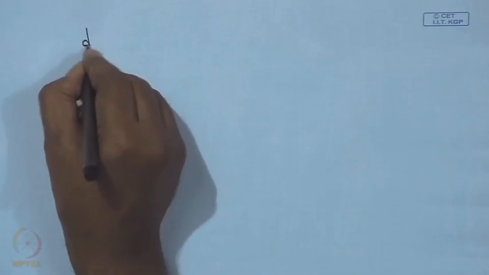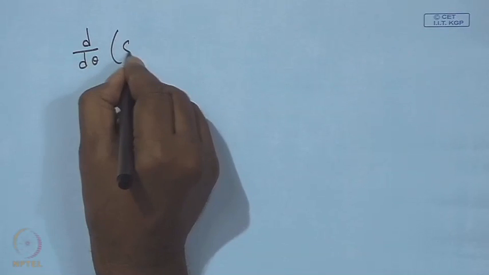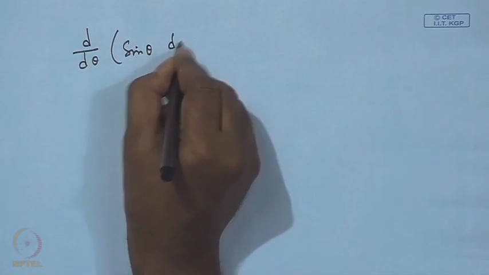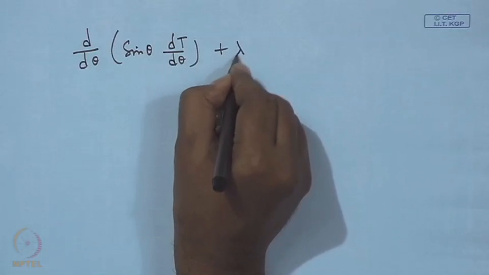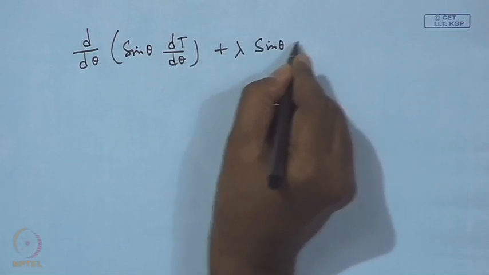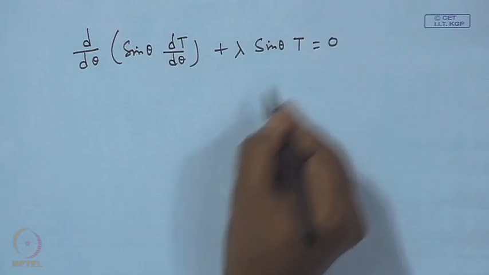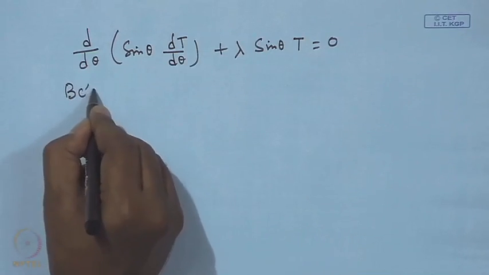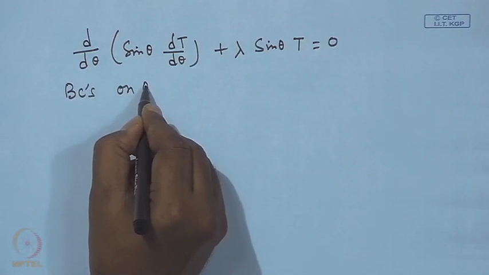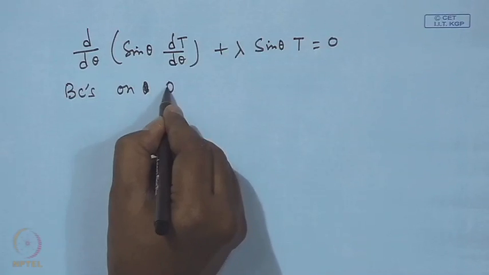So, let us look into the theta varying part. d d theta of sin theta dT d theta plus lambda sin theta T should be equal to 0. Now, let us fix up the boundary conditions in the theta direction.